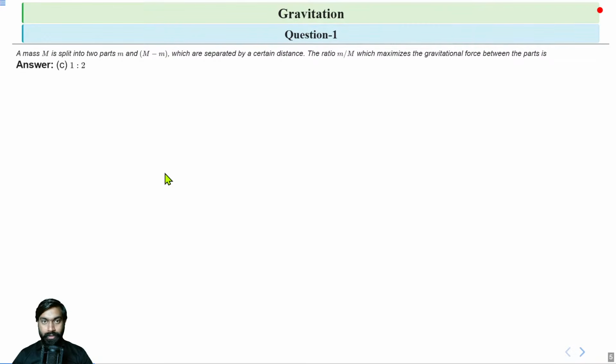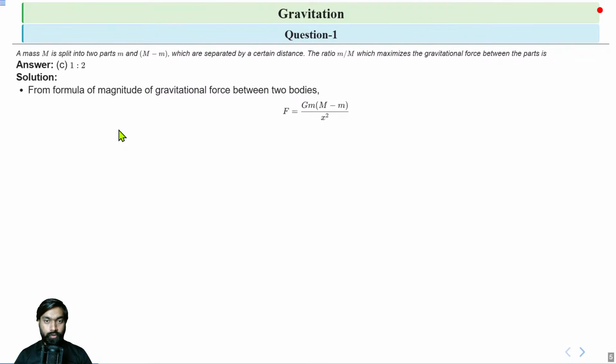So the correct option is 1:2. Now we will see the solution. To find the gravitational force between two bodies, the formula is F equal to G into capital M into small m divided by R square.